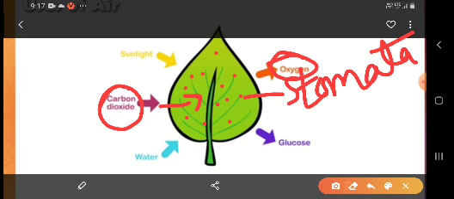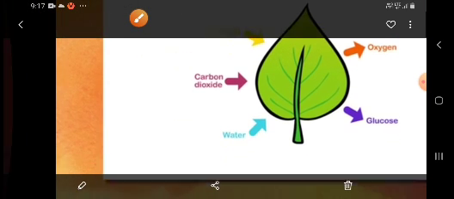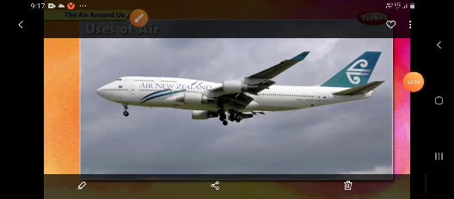Here is another use of air. Children, here is another picture of an aeroplane. Do you know aeroplanes also are able to fly only because of the air? If there were no air, this aeroplane would not be able to fly.